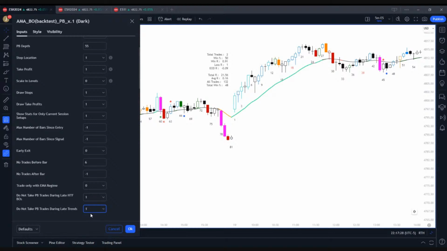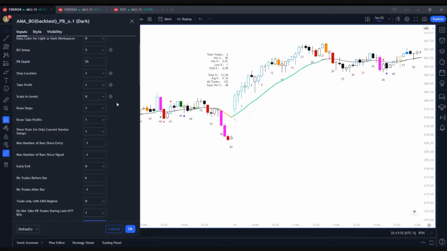And here it doesn't enter in late trends. For Z bars, that has a negative effect, but if you check it for just regular breakout and follow through, it actually has a positive effect on the system. So again, the signals behave quite differently, and you can develop entire systems around the different signals that this code gives you the opportunity to examine.